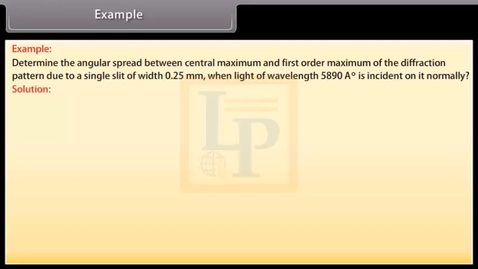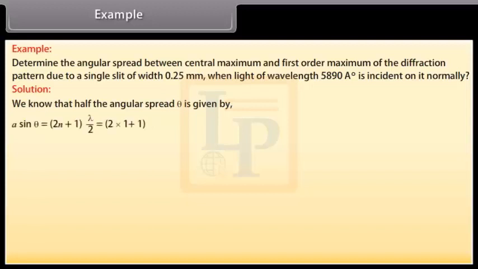Let's see the solution. We know that half the angular spread is given by a sin theta equals (2n+1) lambda by 2. On equating this, we get a sin theta equals 3 lambda by 2. When theta is small, then the value of sin theta is equivalent to theta.